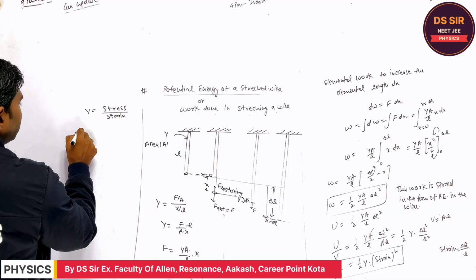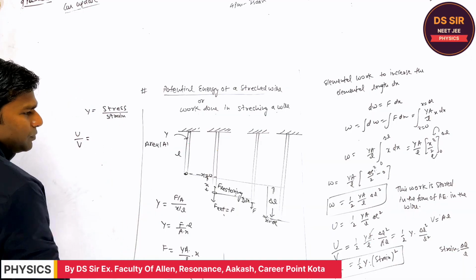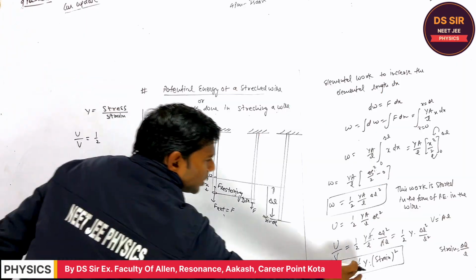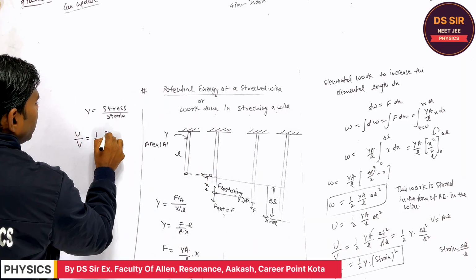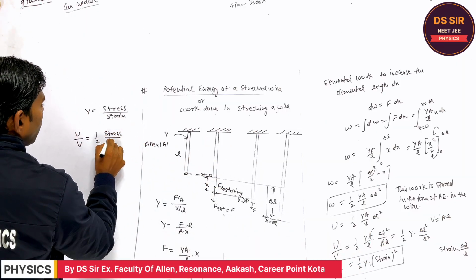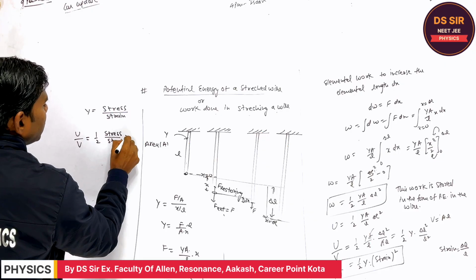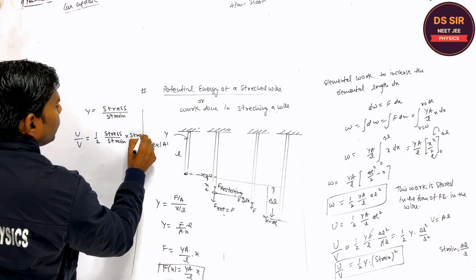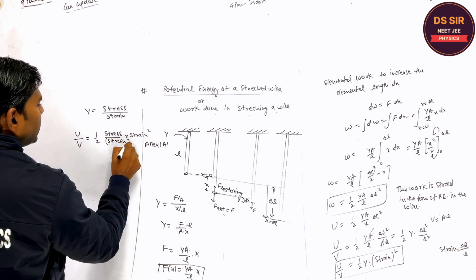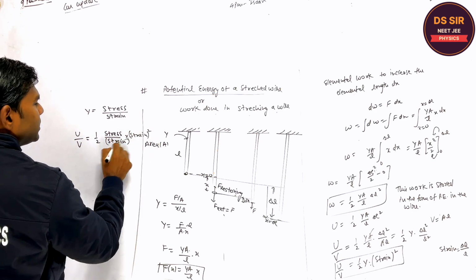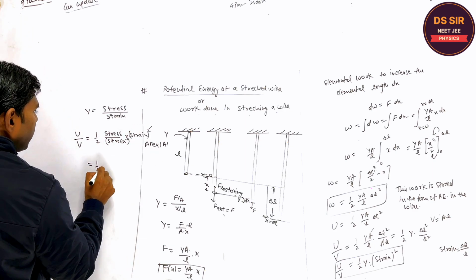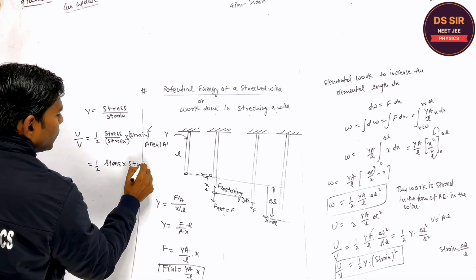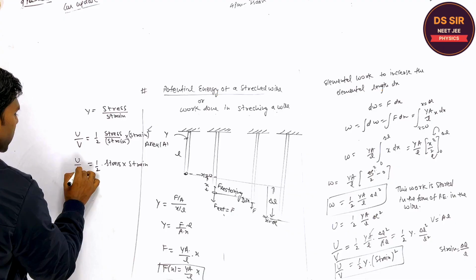So the potential energy per unit volume is 1 by 2 Young modulus, stress upon strain, into this strain square, right? Strain square. One strain will cancel out. So it is equal to 1 by 2 stress into strain. So you will remember the potential energy.